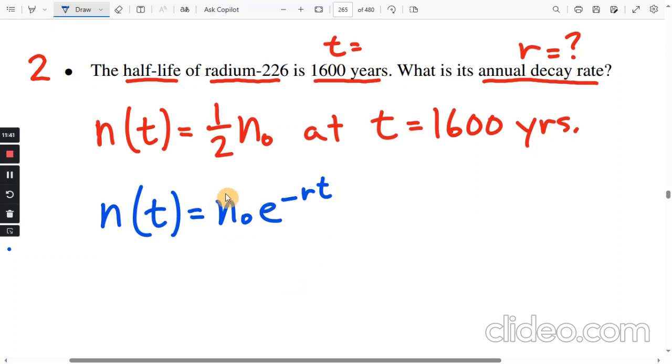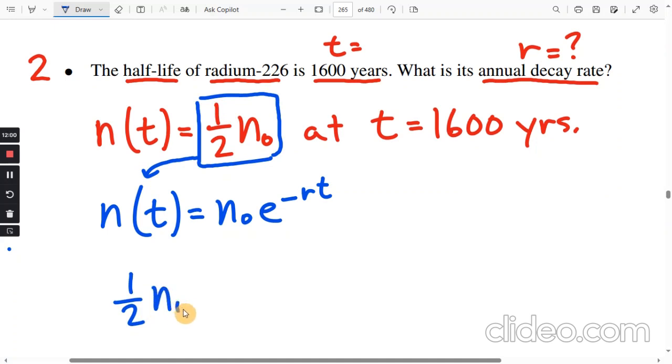All right, so we said the N of t is half of the original at 1,600 years. So this half of n sub 0 is getting plugged in for N of t, and that's going to equal n sub 0 times e to the negative r times t, which is 1,600.